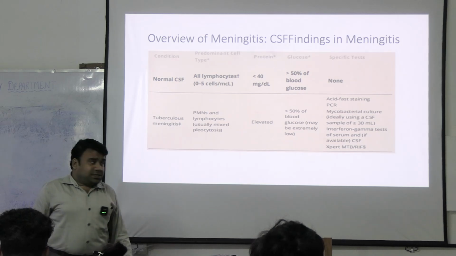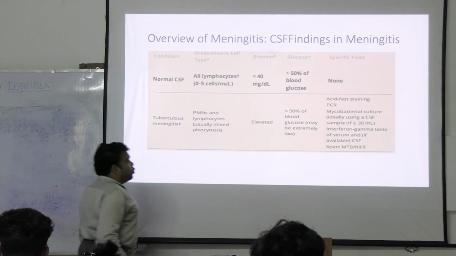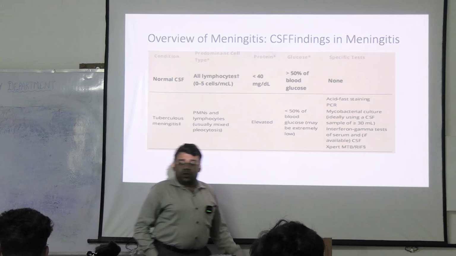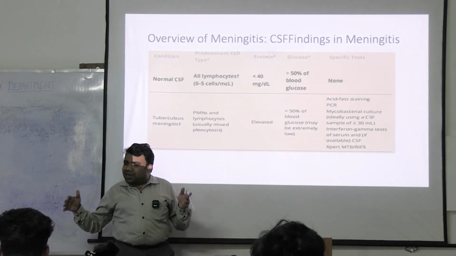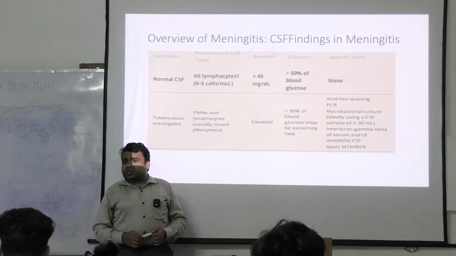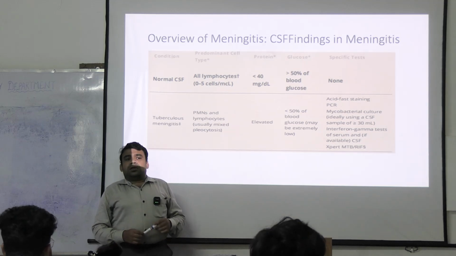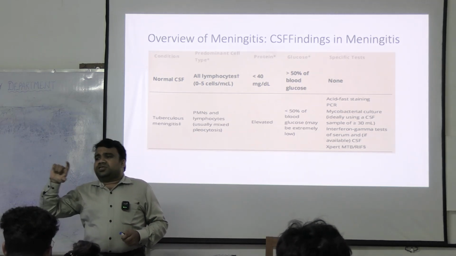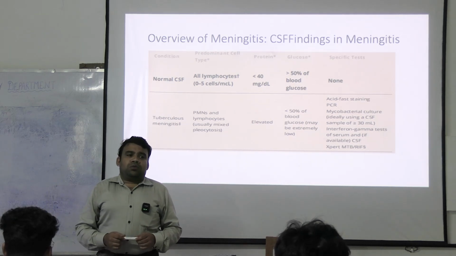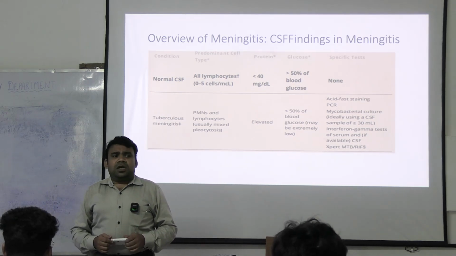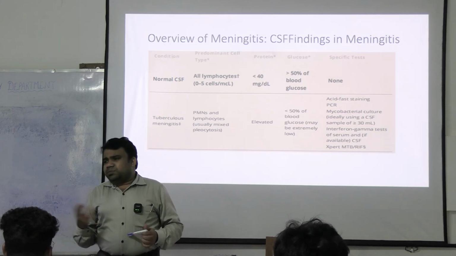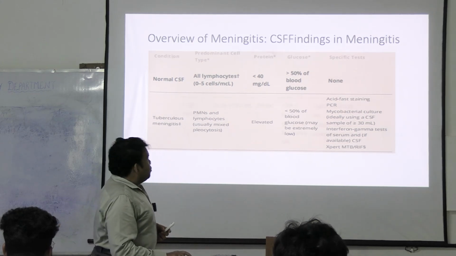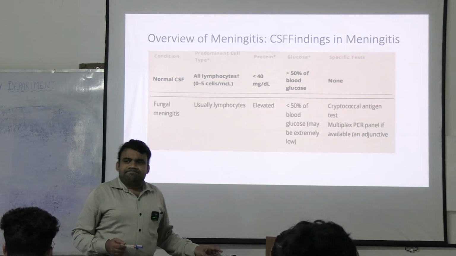If that is the picture seen, along with increased protein but reduced glucose, and the presentation is slightly insidious, we may consider it to be tuberculosis. Sometimes, after taking the CSF in the test tube, we may find a coagulum, also called a cobweb coagulum. This may or may not be present. These are the features of tuberculous meningitis.